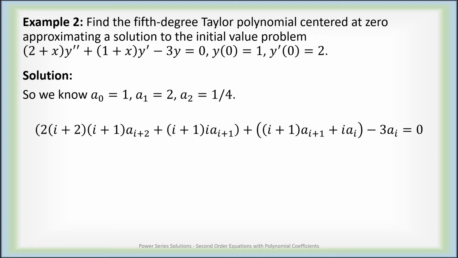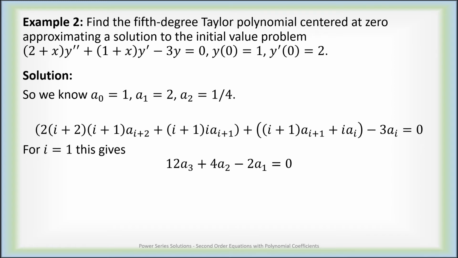So now we know a0 is 1 and a1 is 2, but we've also deduced that a2 is a quarter. With the same recursive formula, plugging in i equals 1 will give 2 times 3 times 2a3, plus 2 times 1 a2, plus 1 times a1, minus 3a1 equals 0, which simplifies down to 12a3 plus 4a2 minus 2a1 equals 0.